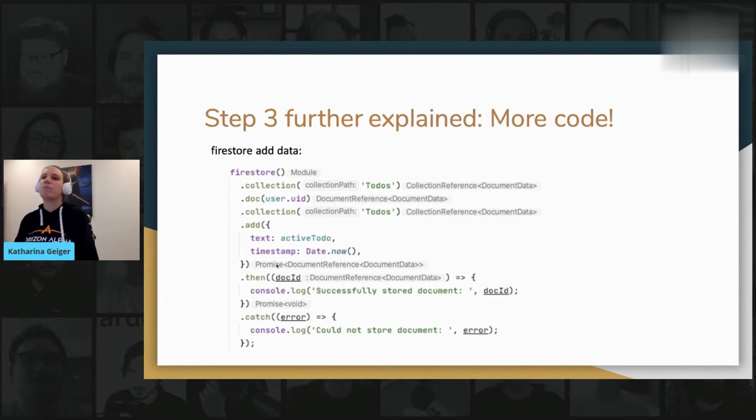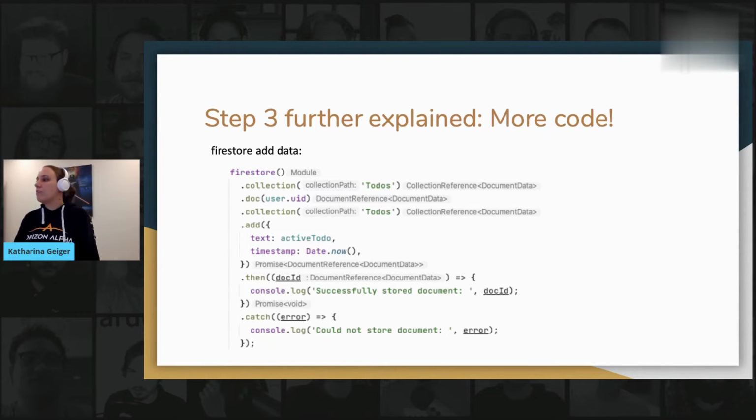And then we add some document to this collection, which in this case is the text of the active to-do. So the thing I put in that input field and the timestamp. Yeah, and then we can do something else. When this is done, for example, we can console log the success and we can catch the error again. Okay, so this is very, very simple as well.